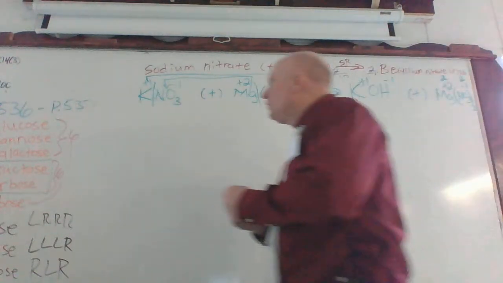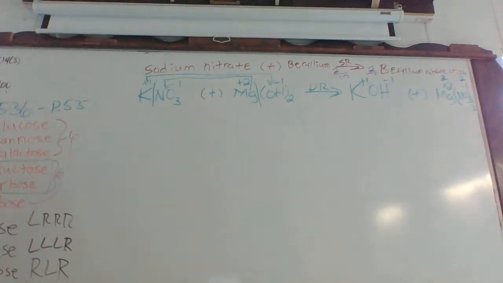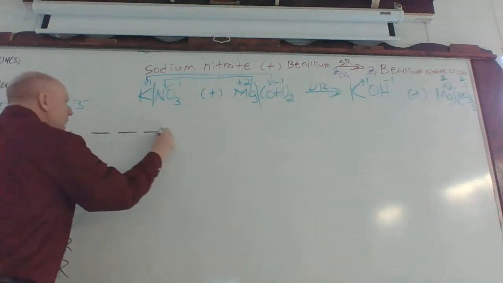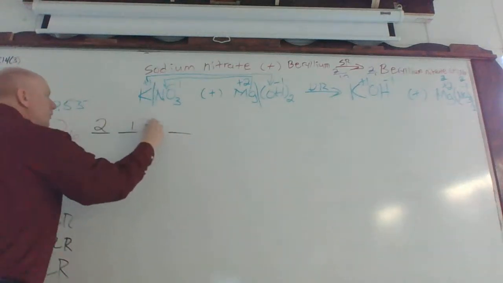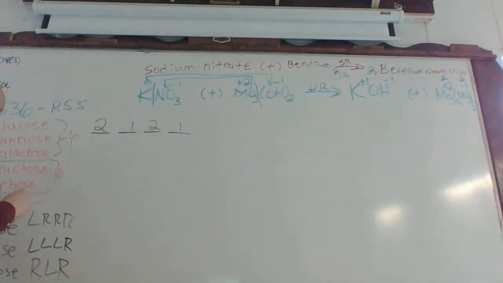All right, so we'll allow you to decide how you want to balance that with some extra practice, but it looks to me like your answer would be 2, 1, 2, 1. Again, double replacement reaction.